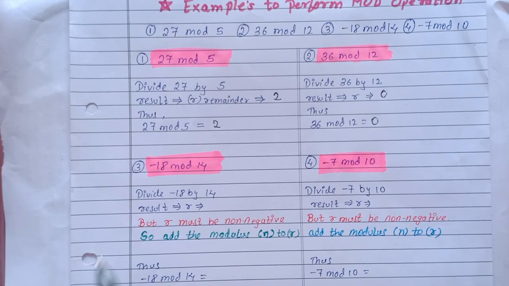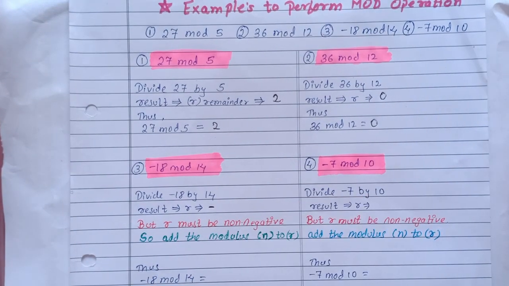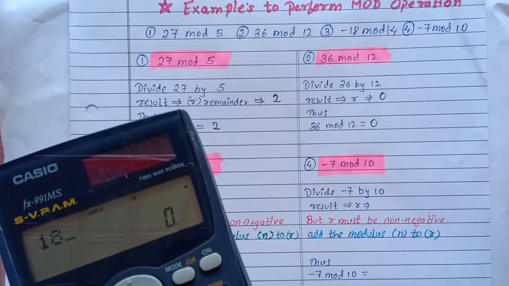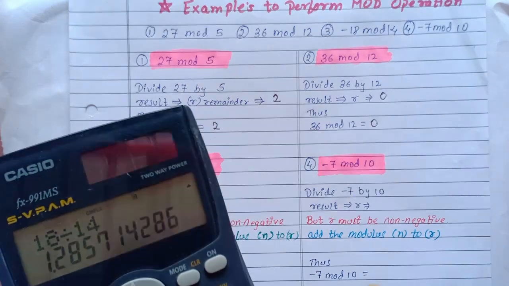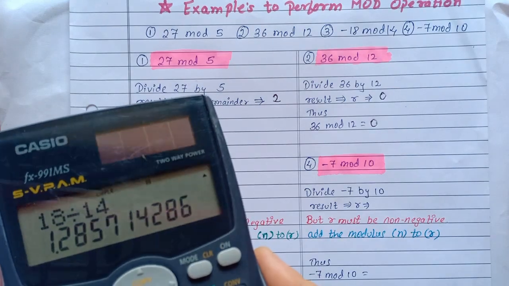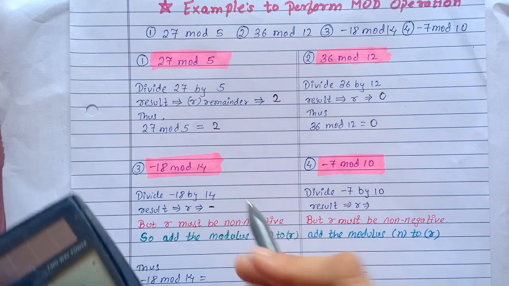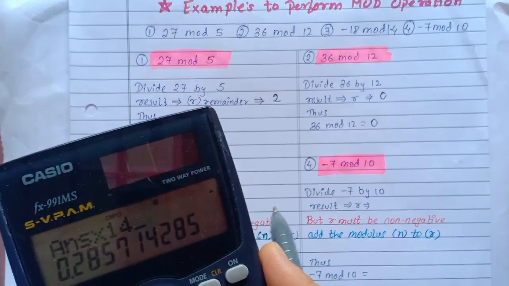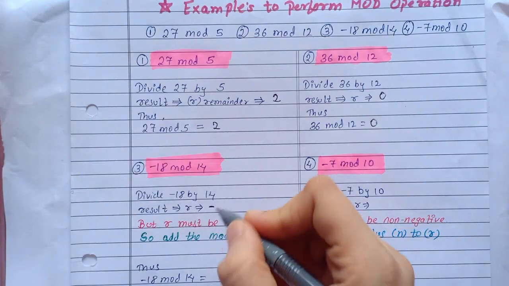Now example number 3, that is minus 18 mod 14. I'll show you the same way you have to do it. Just write the minus sign in the result and divide 18 by 14, and do minus 1. Whatever we get, again multiply it by this term. Whatever we get is our result with the sign.